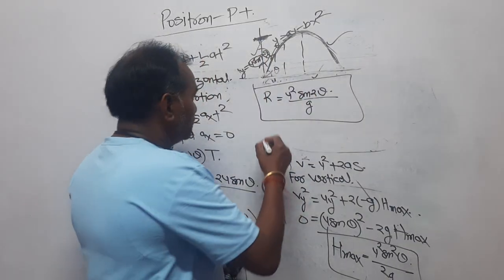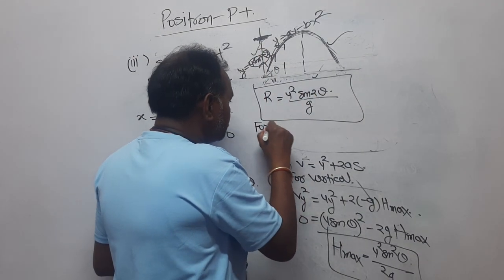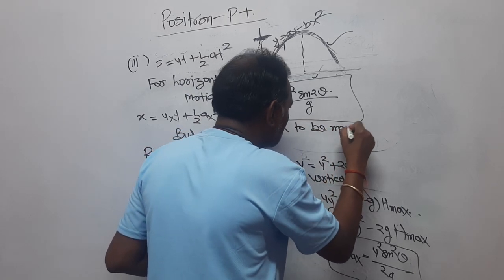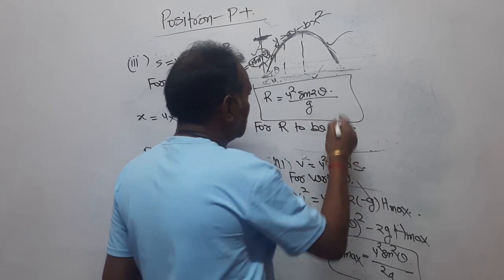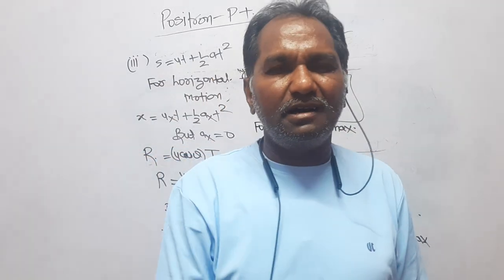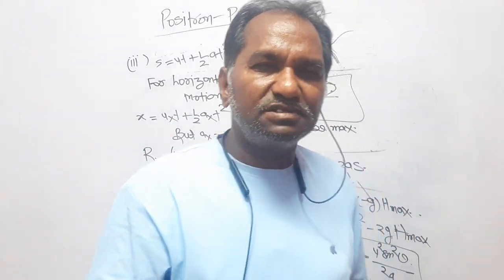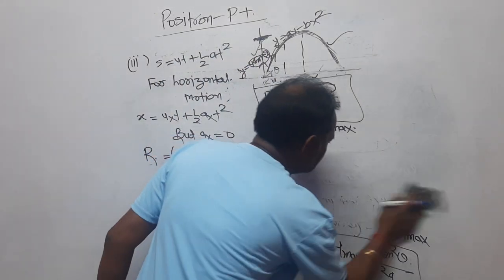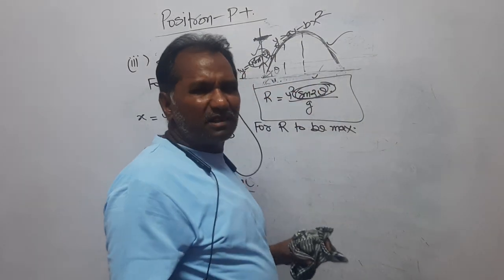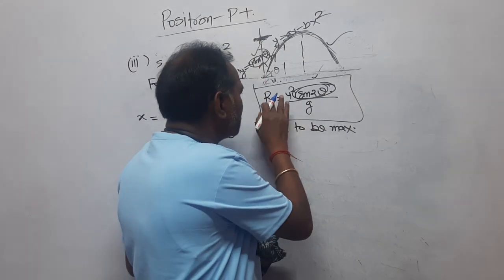So for R to be maximum, whatever be the angle, the maximum value of sine is 1.